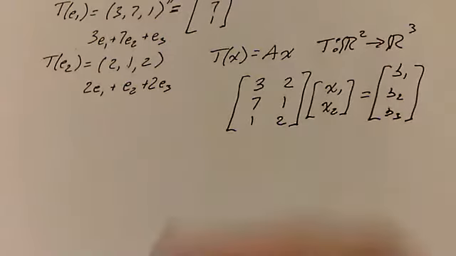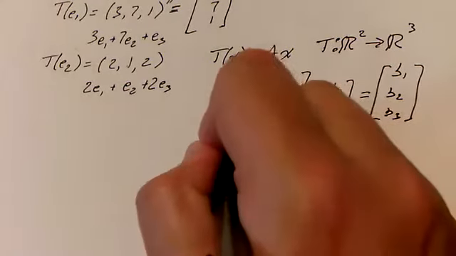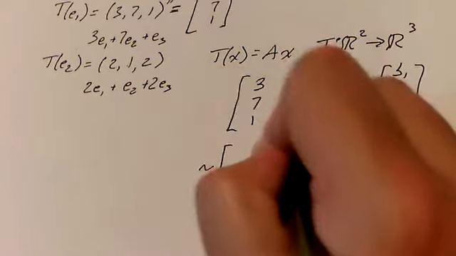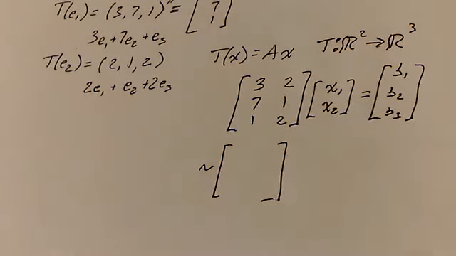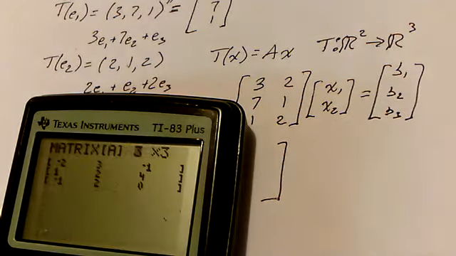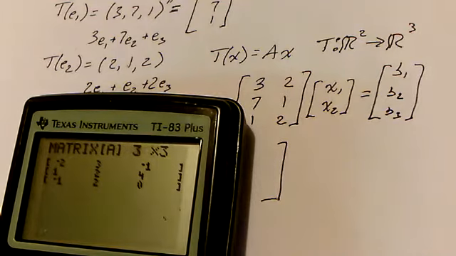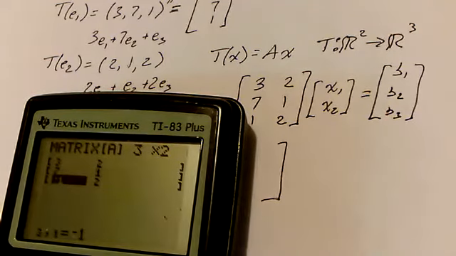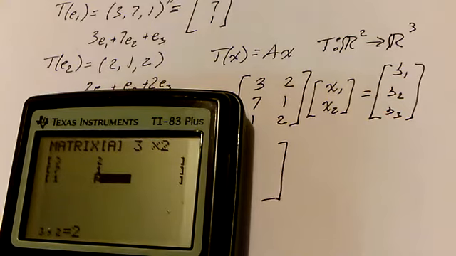Now we can make some additional observations about this matrix. I can row reduce this matrix, and I will show you something here with the calculator while I'm doing this. I enter a 3 by 2 matrix, so 3 rows and 2 columns: 3, 2 on the first row, 7, 1 on the second row, 1, 2 on the third row.